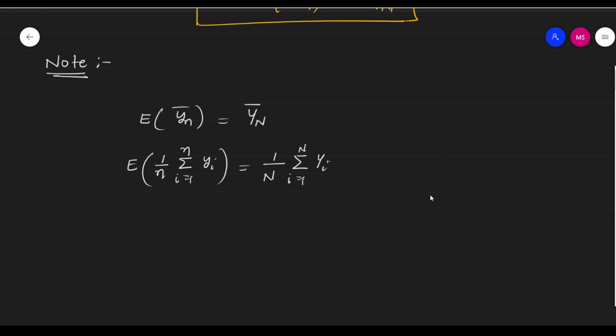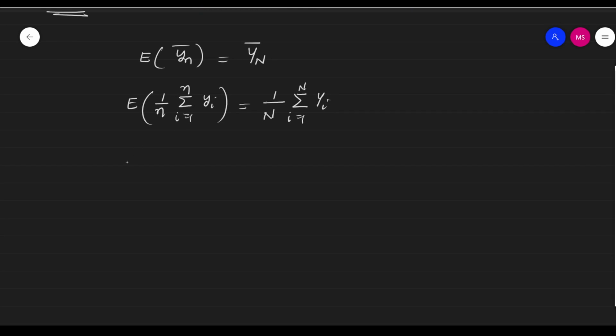Right, so apply the expectation. 1 by small n, expectation of summation i running from 1 to small n yi is equal to 1 by capital N summation i running from 1 to N yi.